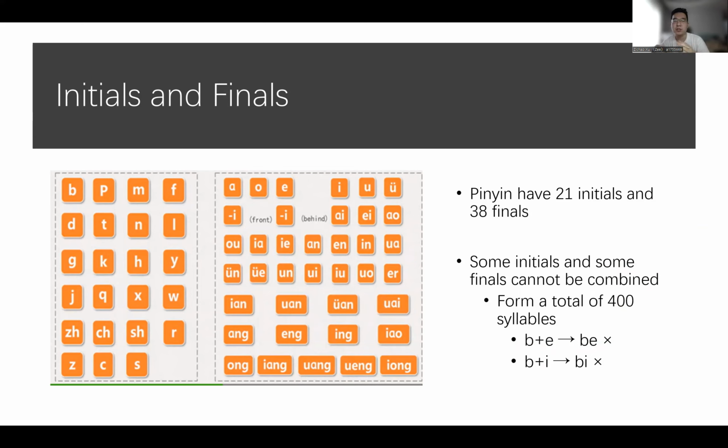You cannot just use 21 times 38 to calculate how many syllables you can form in pinyin, because some of them cannot be combined together. Actually, there are nearly 800 syllables. You can look at those examples: b and o cannot combine together, and also b and e cannot form syllables.